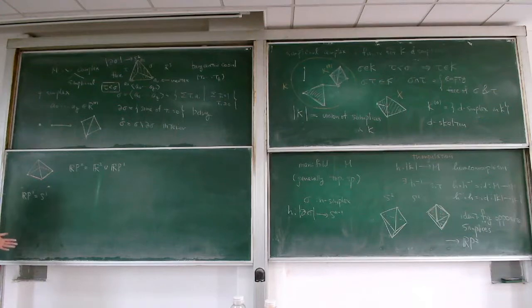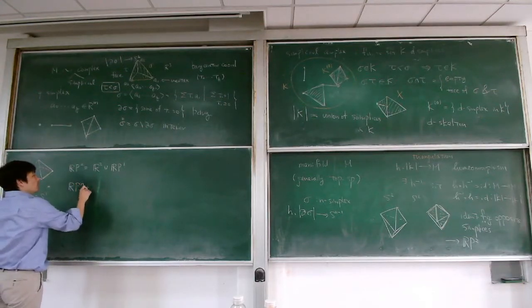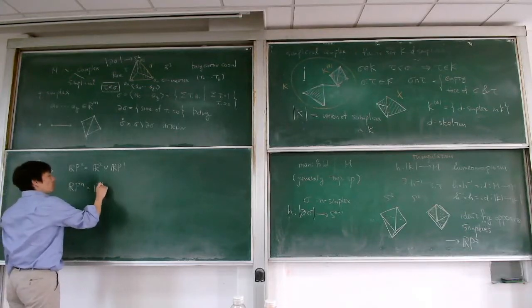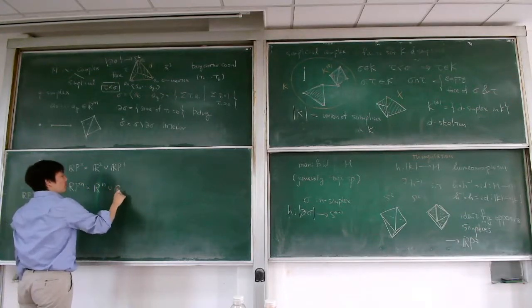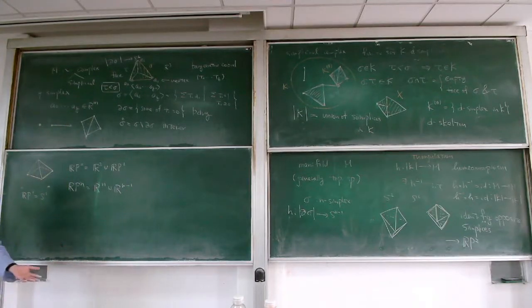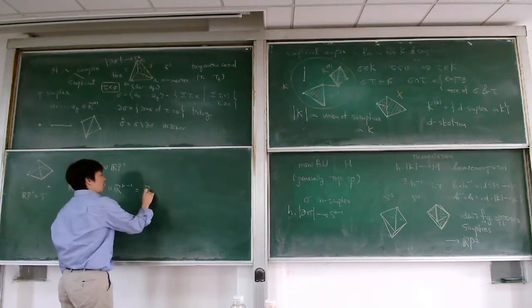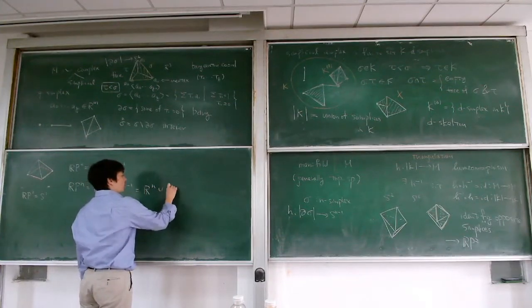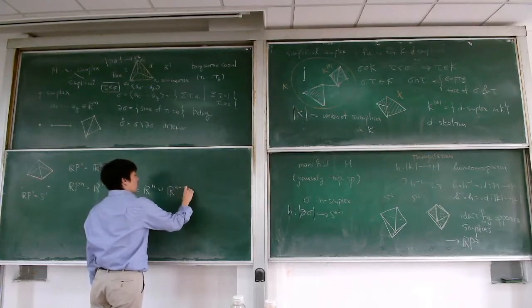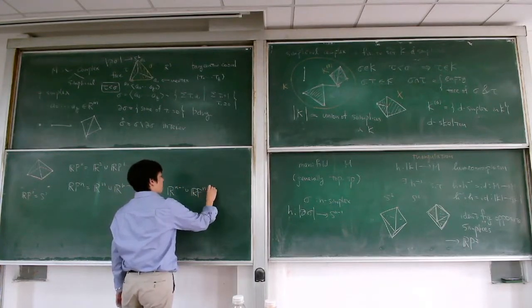Similarly, RPn also has the same structure. RPn is a union of R^n and RP^(n-1). If you look at the Euclidean space, at the boundary, the smaller projective space is living. And you can do it iteratively: R^n, then R^(n-1), then R^(n-2), and so on.